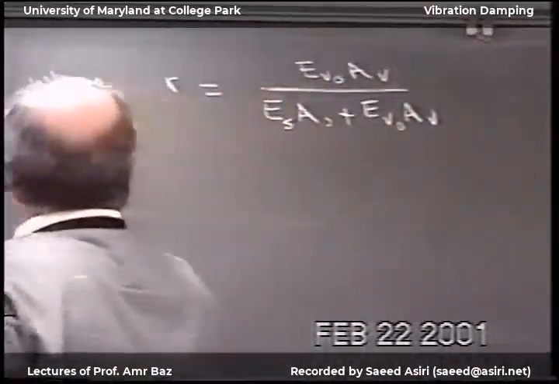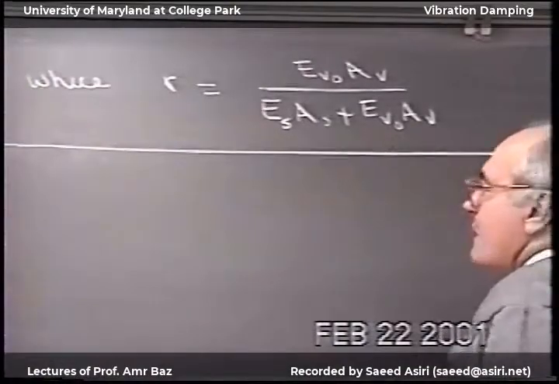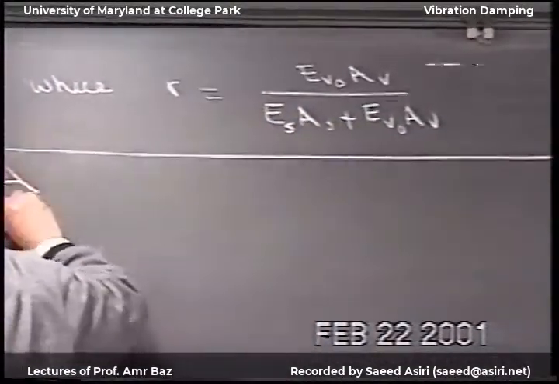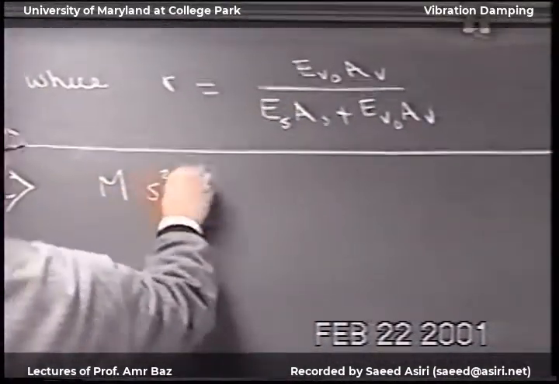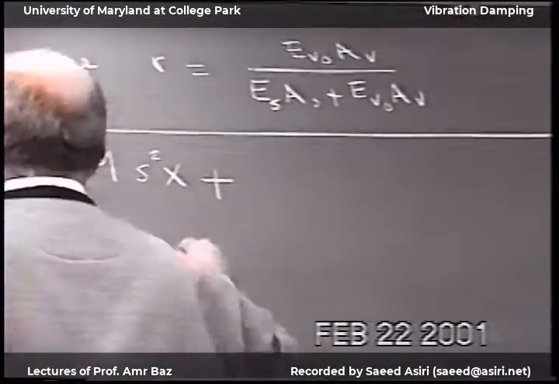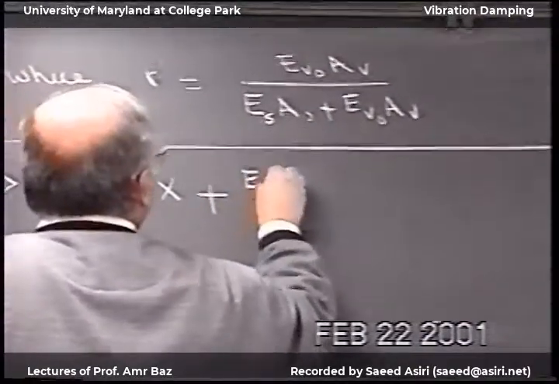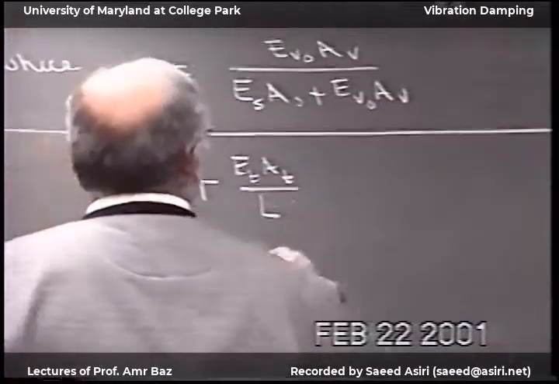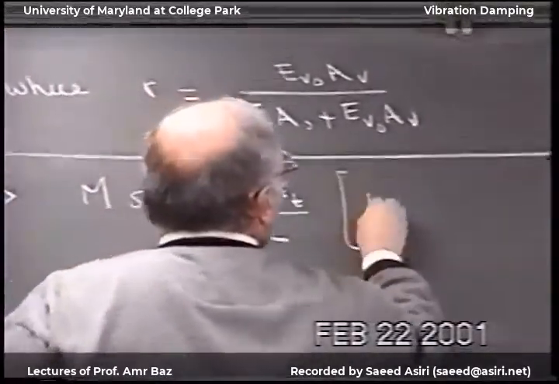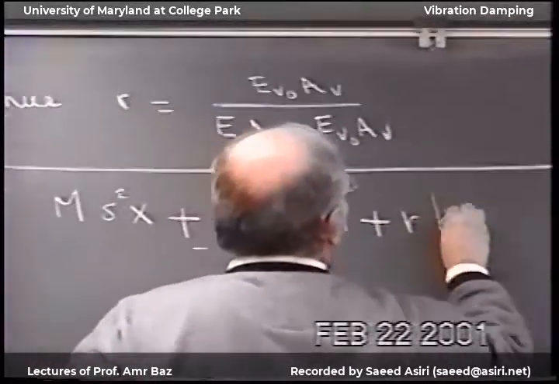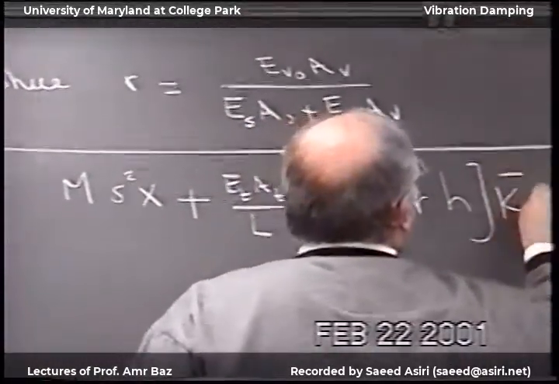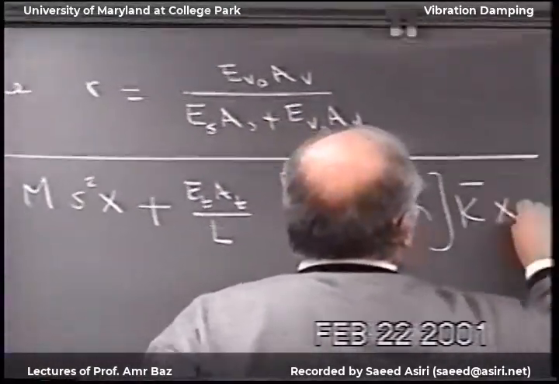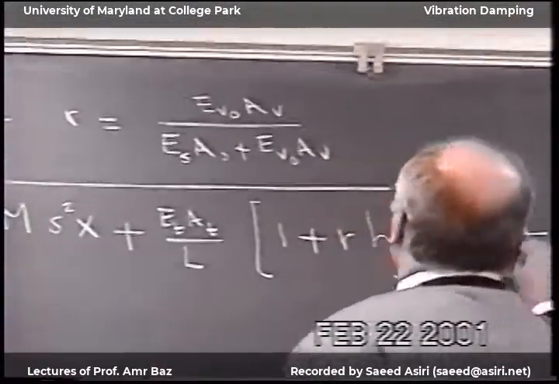Now the final equation: we have m s squared x plus E total A total over L, times 1 plus R H K prime, X is equal to F.